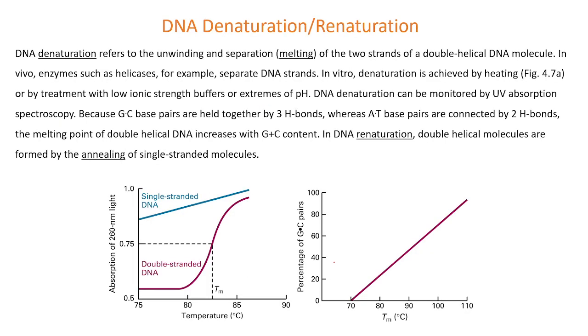Now coming to DNA denaturation and renaturation. We have heard a lot about denaturation and renaturation for the folding and refolding of proteins. It is more or less like that.